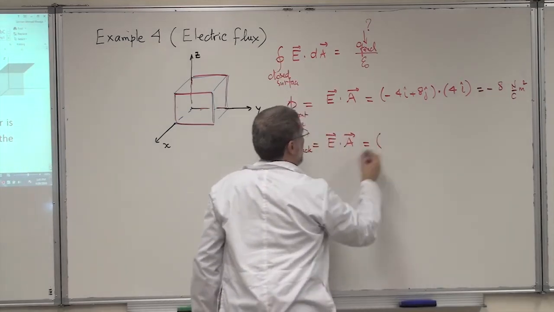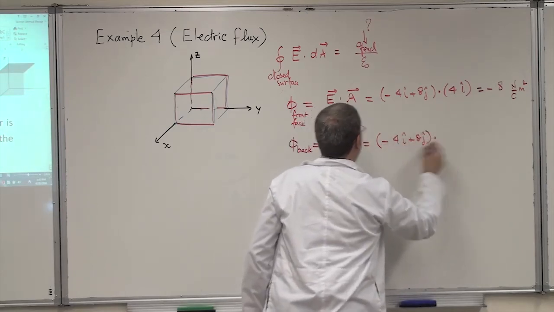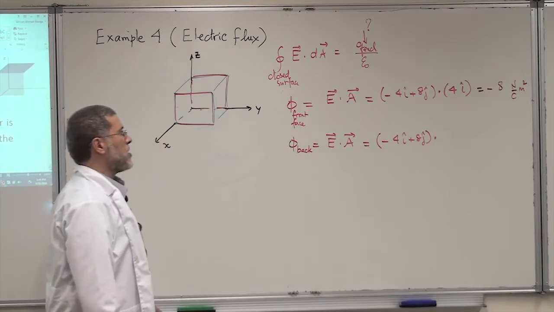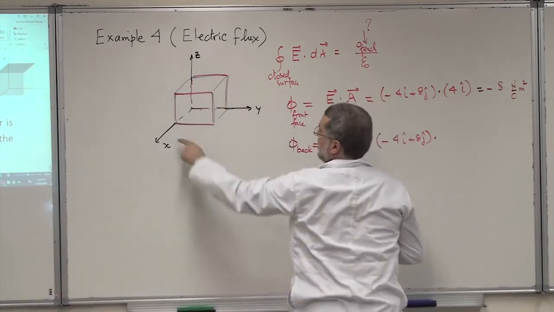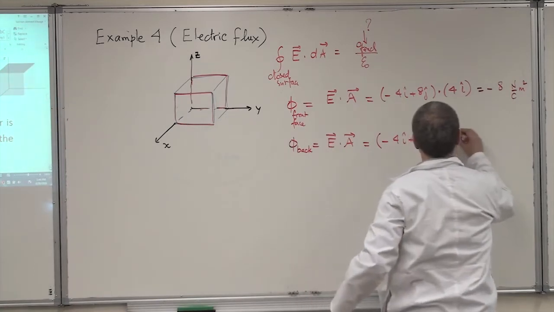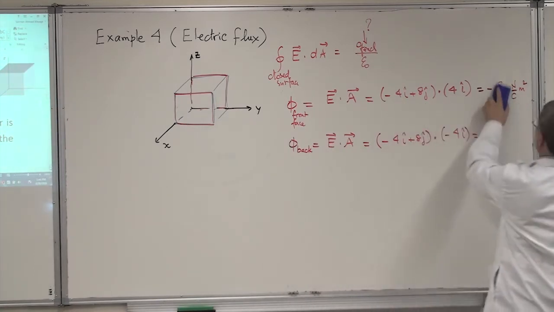So the same thing here, minus 4i plus 8j. The vector E doesn't change, but what changes is the area. So for that face, the area is pointing inside, which is minus i, okay? Minus 4i.